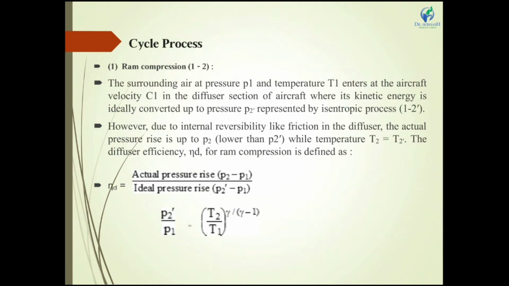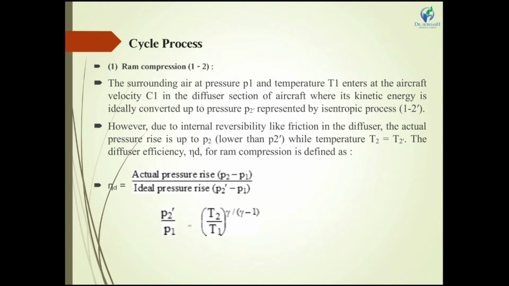In the cycle process, we show all the processes of the bootstrap air refrigeration without evaporative cooling. The first process is ram compression, process 1 to 2. In ram compression, the surrounding air at pressure P1 and temperature T1 enters the diffuser section at the aircraft velocity C1.